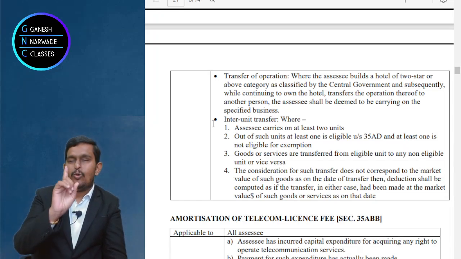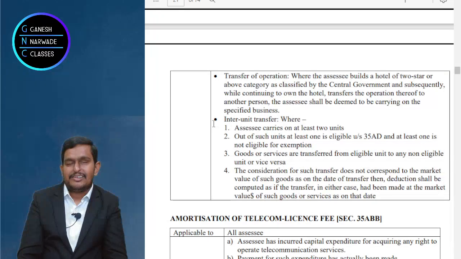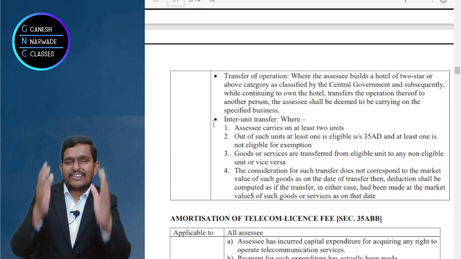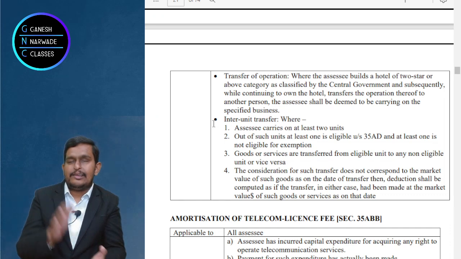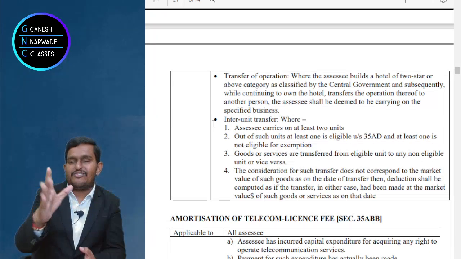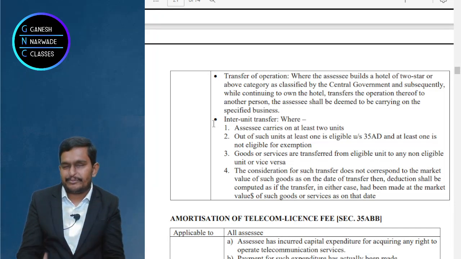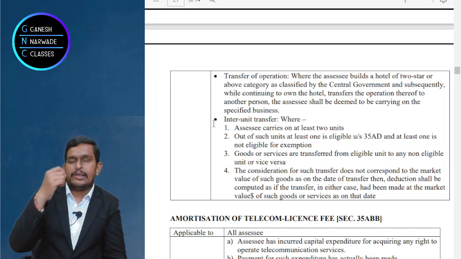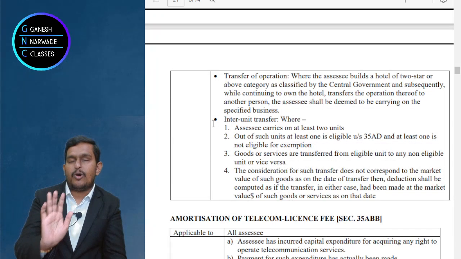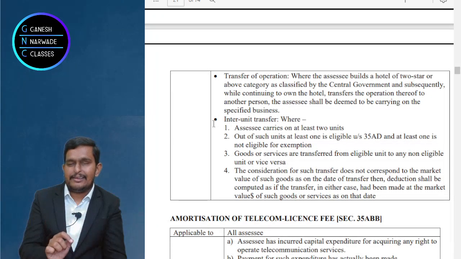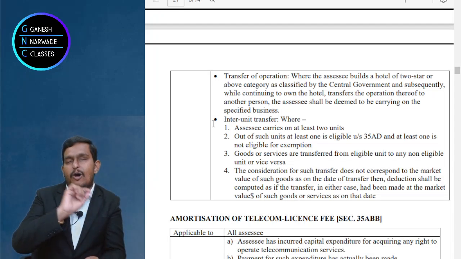But only in the hotel business, the government specifically said that you can create the infrastructure for the hotel and give the hotel to any others for management. No problem, you can get the deduction. So if you give management to any other person, still you will get the deduction. No doubt at all. Okay, only in case of hotel, the person who sets up will get the deduction, even if management is done by others.